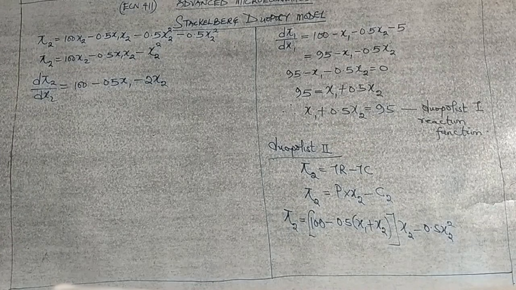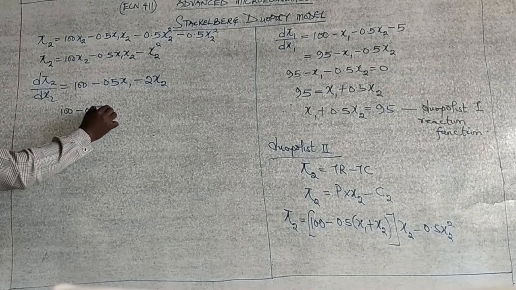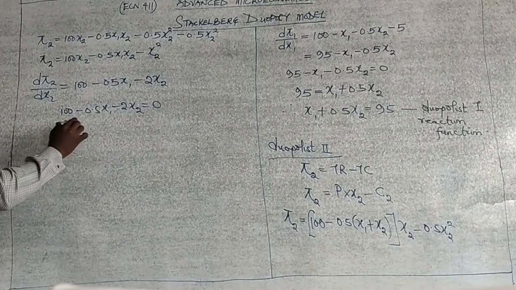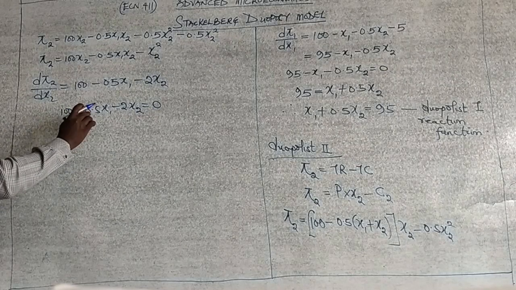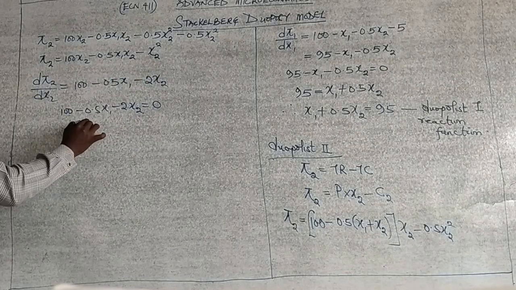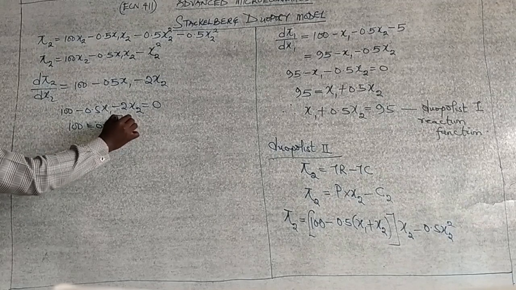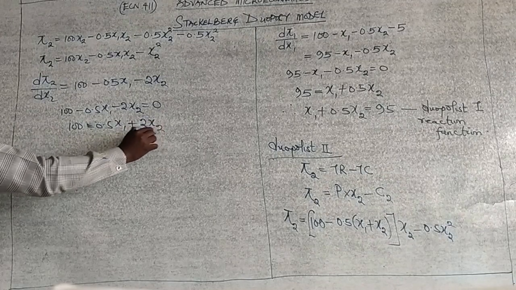Okay, from there now, equate this to 0. 100 minus 0.5 x1 minus 2x2 equals 0. So leave the 100 here and take this to the other side. So you have 100 equals 0.5 x1 plus 2x2, right?